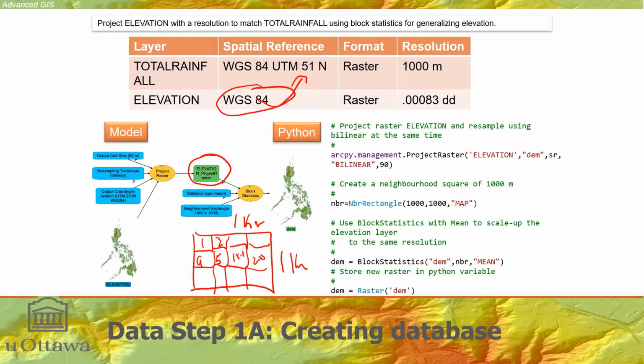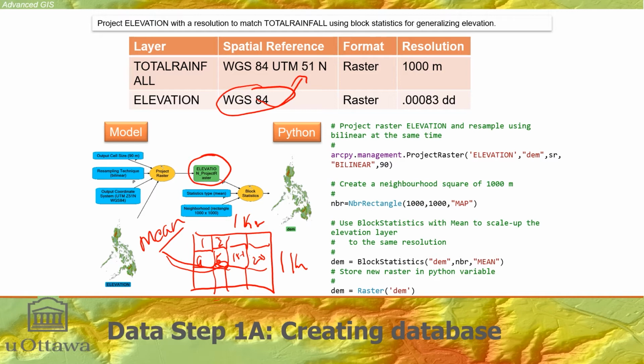Well, resampling doesn't make sense here at all. And that's one of the biggest mistakes people make when they're scaling up continuous raster data: they use the resample function. It's completely inappropriate for this type of work. What's required here is that we say what statistical value or summary of the values within the new cell size should be taken from the constituent cells in the old raster. So for example, a mean would make sense.